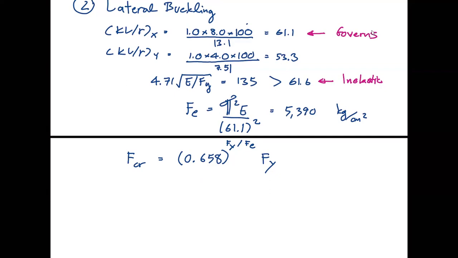For example, 0.5 squared is 0.25, smaller, because 0.5 is a half, and a half times a half keeps getting smaller. So when your Fe is greater than Fy, the power here becomes less than 1, and the result becomes larger.